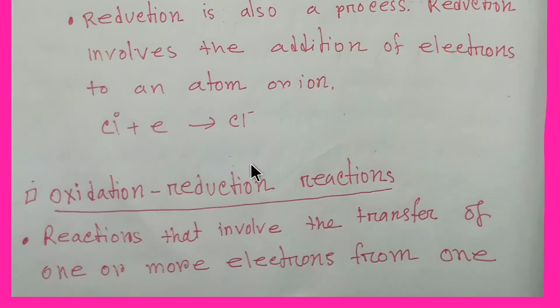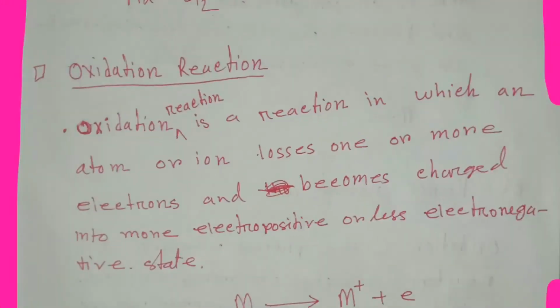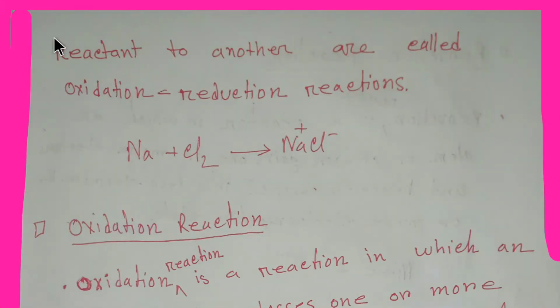Well, now tell me, what are oxidation reactions and what are reduction reactions? In plural form, I'm using reactions that involve the transfer of one or more electrons from one reactant to another reactant are called oxidation or reduction reactions.